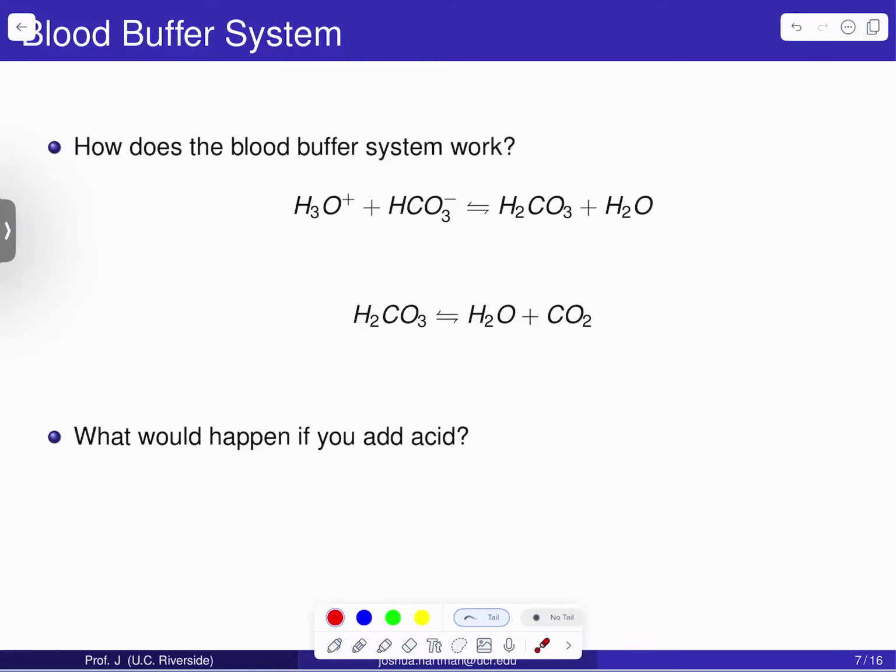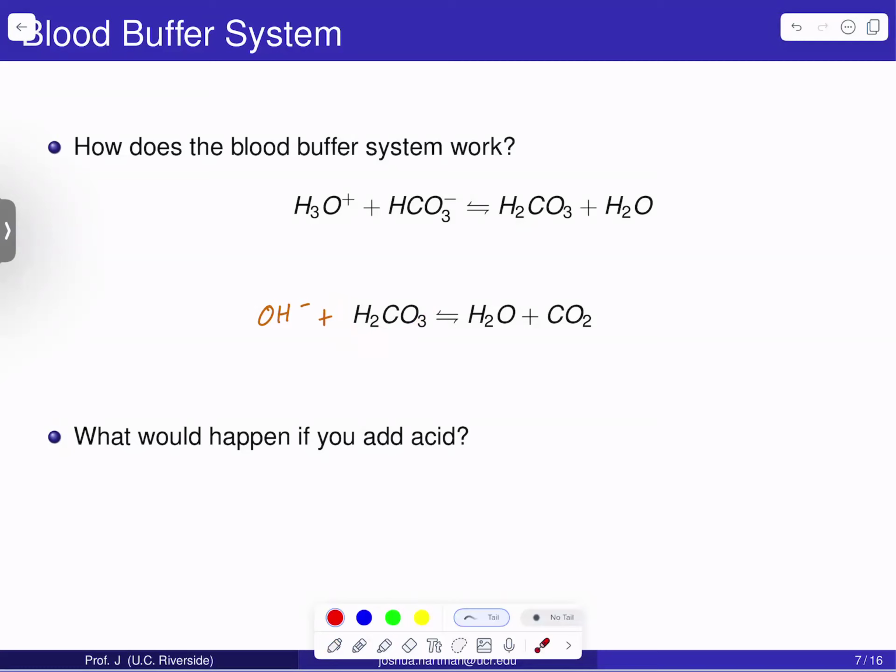Similarly, if we look at our carbonic acid, we could imagine that if we were to add OH minus to this solution, specifically adding a base, then that base could react and become protonated by our carbonic acid.